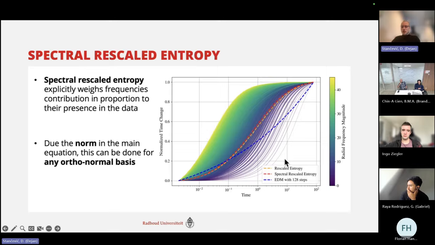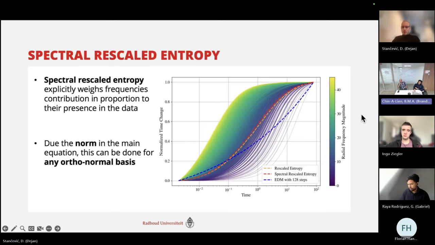So you can see that, for example, frequency 0,0, which is basically where all the pixels have the same value, like a constant, takes quite a lot of time to noise, which makes sense. It takes a lot of time to lose information because the information is everywhere. And then for higher frequencies that oscillate a lot, we lose information about them quite quickly. This is an intuition that people had.